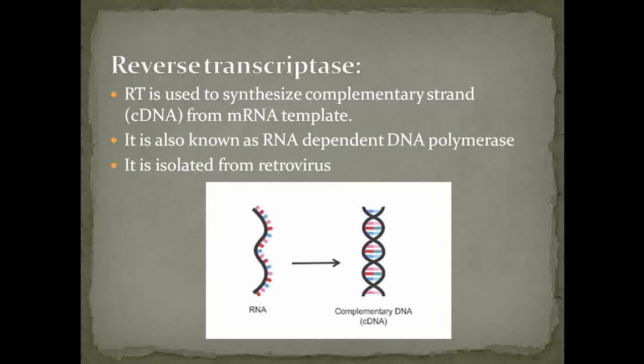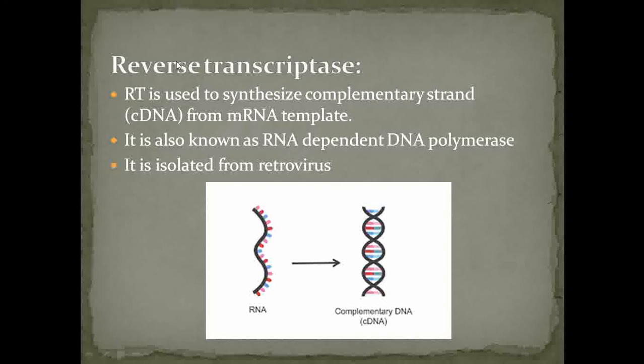Then the next enzyme which is involved in recombinant DNA technology, that is the reverse transcriptase. And the main function: if there is absence of reverse transcriptase, there is no formation of complementary strands, or there is no elongation of DNA fragments.